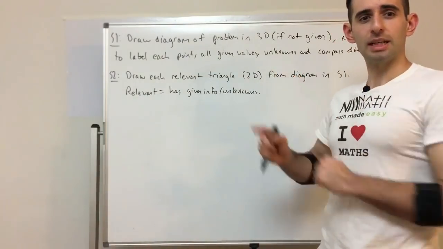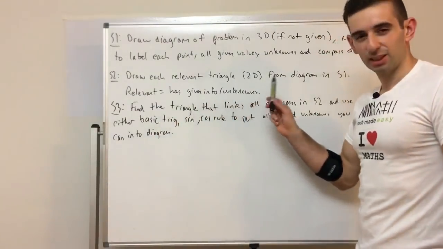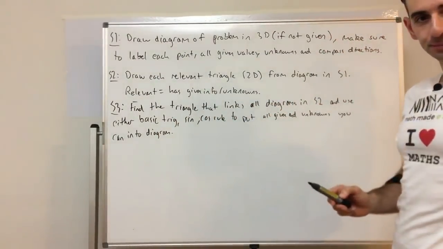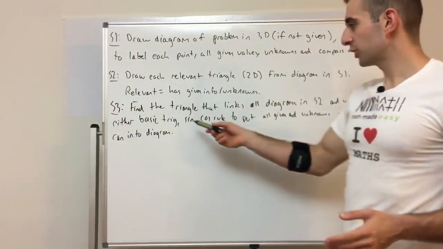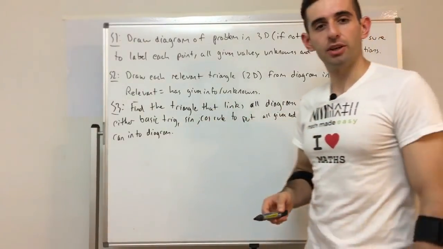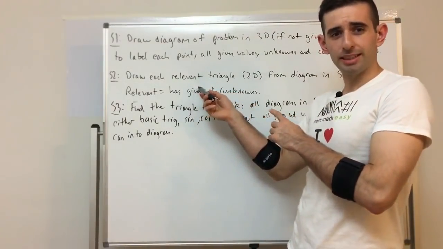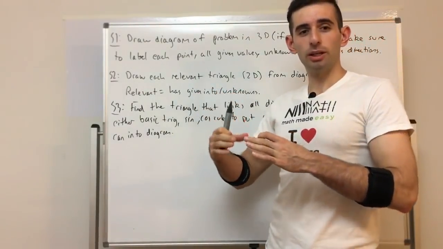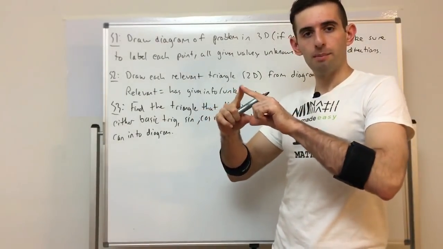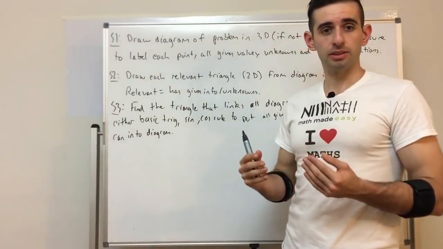So then what's step 3? Step 3, find the triangle that links all the diagrams from step 2 and use either basic trig, sine or cos rule to put all given and unknowns you can into that diagram. Because you'll have a few 2D triangles in here, but in order to answer the question, there's only going to be one main triangle that we're going to use to find the unknowns.